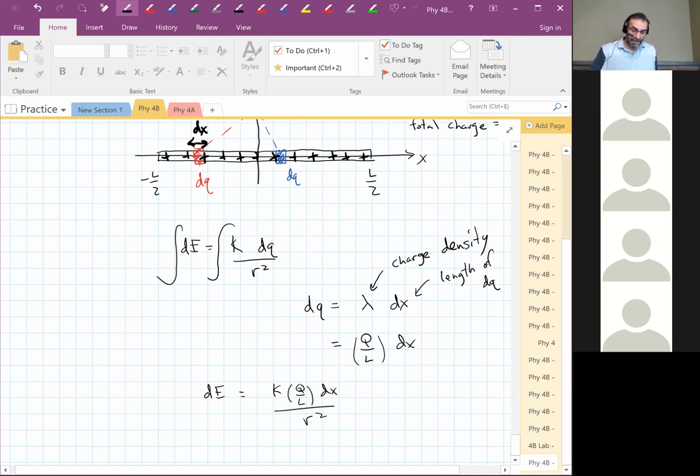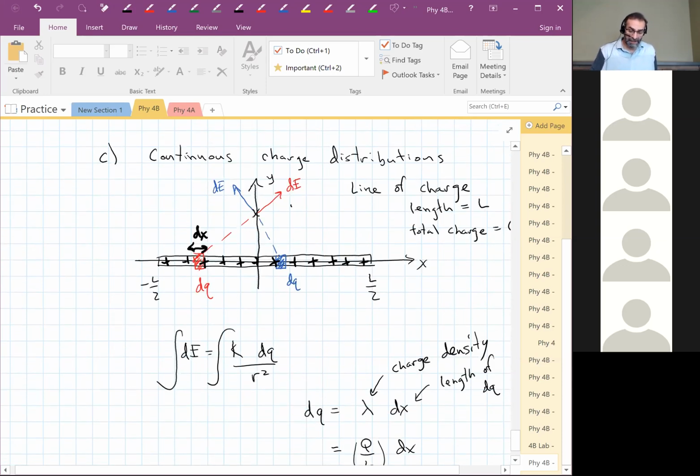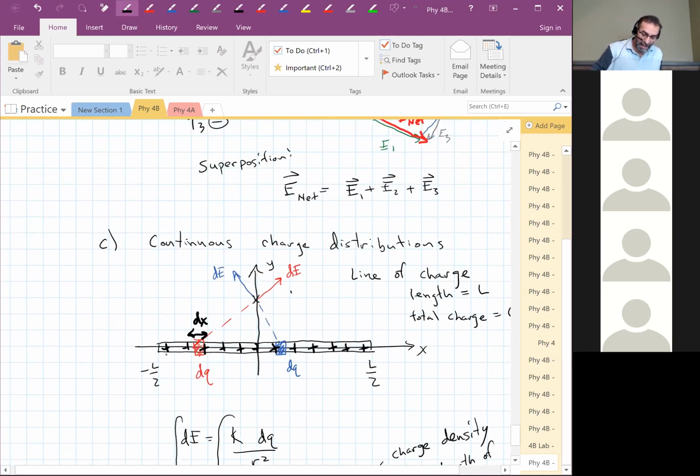How do we know? Well, a couple of things. We have to add up all the dQs. We have to integrate over the charge distribution, right? There's one over here, there's one over here, there's one over here. Every little element of charge that makes up this whole rod, we have to add up its contribution to the electric field.